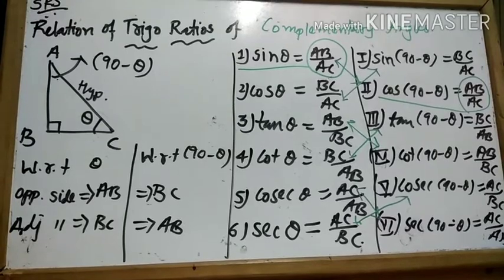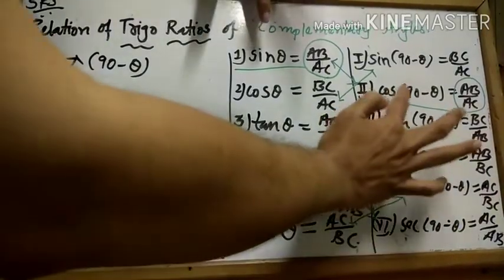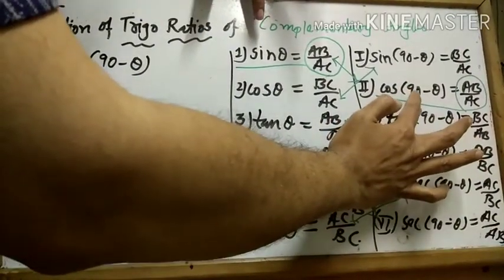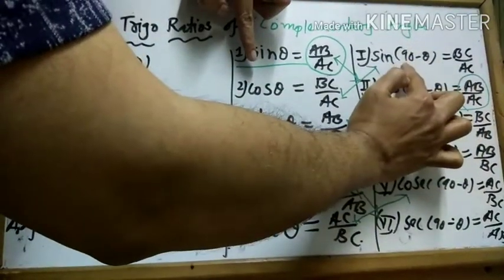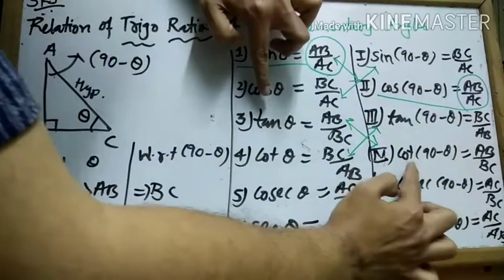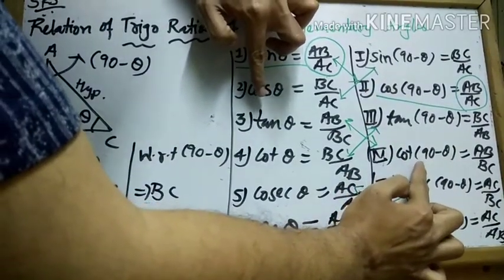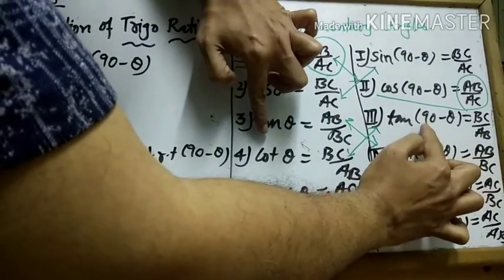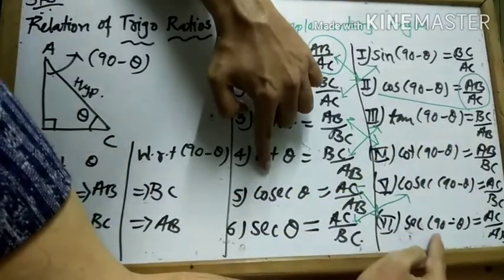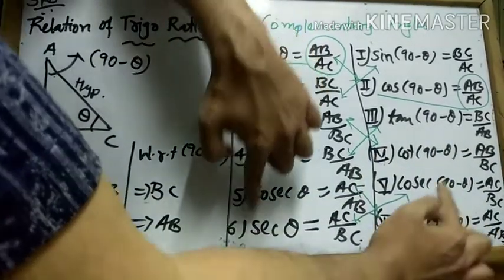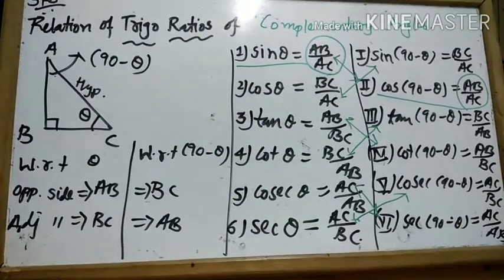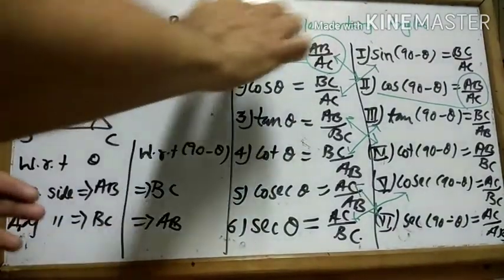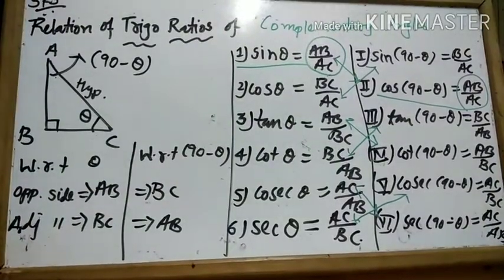Sin theta is equal to cos 90 minus theta. Cos theta is equal to sin 90 minus theta. Tan theta is equal to cot 90 minus theta. Cot theta is equal to tan 90 minus theta. Cosec theta is equal to sec 90 minus theta. Sec theta is equal to cosec 90 minus theta. So these 6 relations are called relation of trigonometric ratios of complementary angles.